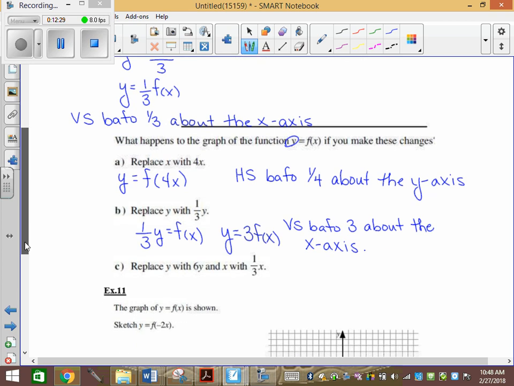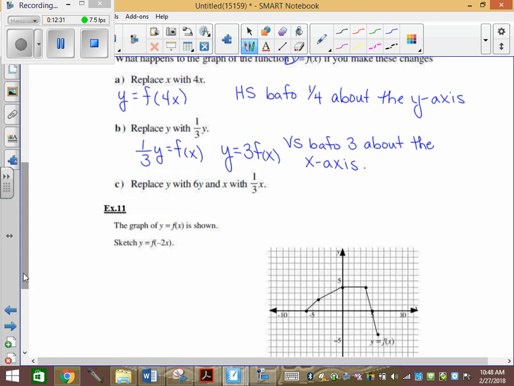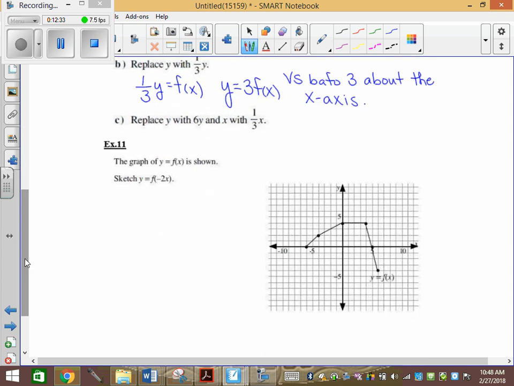Okay. So I want you guys, example 11, using mapping, to redraw this. Go. What transformations is this? What kind of stretch? Horizontal stretch by a factor of? Oh, so not true. Not negative. Can't have negative. Can't be 2. 1/2. Boom.